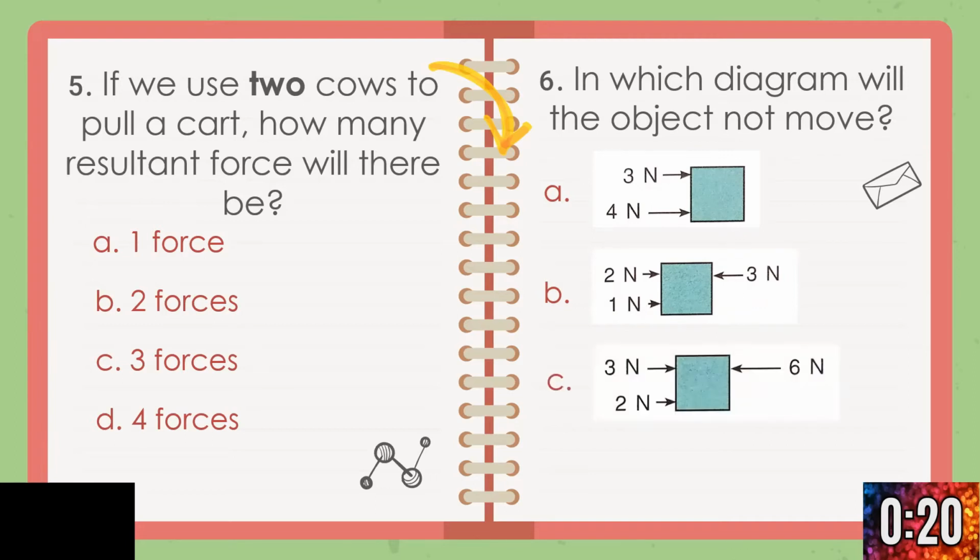C, an object is pushed in 3 Newton and 2 Newton force to the right and 6 Newton force to the left. Or D, an object is pushed in 3 Newton force to the right and 2 Newton force to the left. Which diagram shows 0 resultant force? You have 20 seconds to circle your answer.